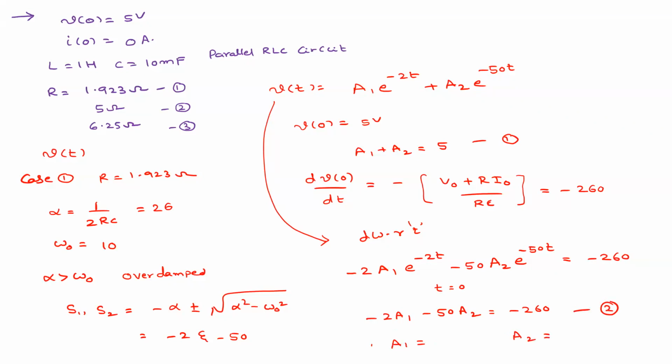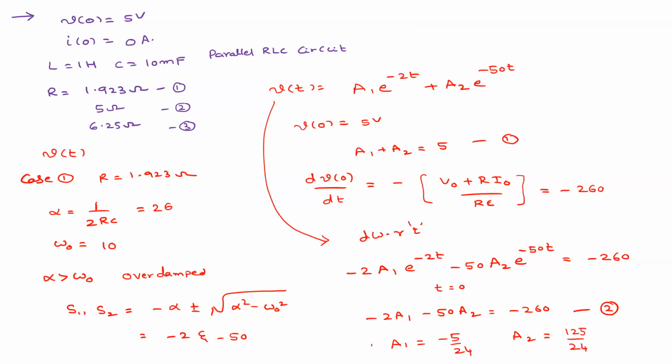What is A1? A1 is minus 5 upon 24, and A2 is 125 upon 24.